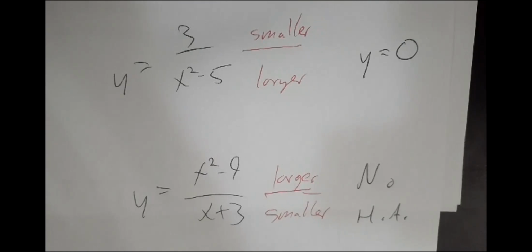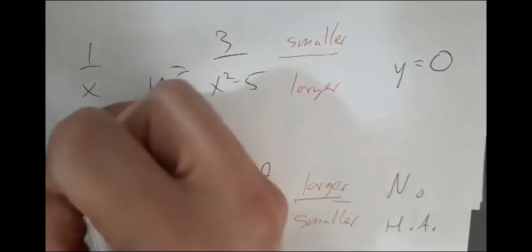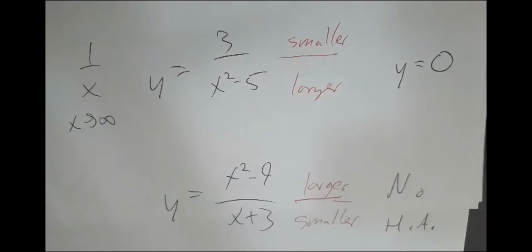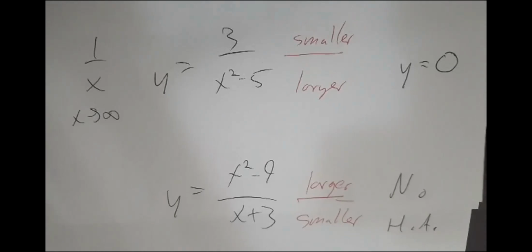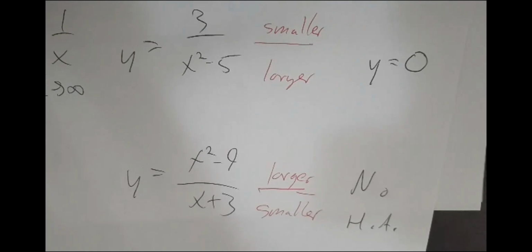You should probably think of 1 over x as x goes to infinity. I'm giving you some notation that's beyond this class, but you're thinking about that 1 over x as your x is going off to infinity. 1 over a really large number looks like it's going towards 0. If it's a larger thing on top and smaller on bottom, we can't really say anything. It's shooting off towards infinity or something crazy.